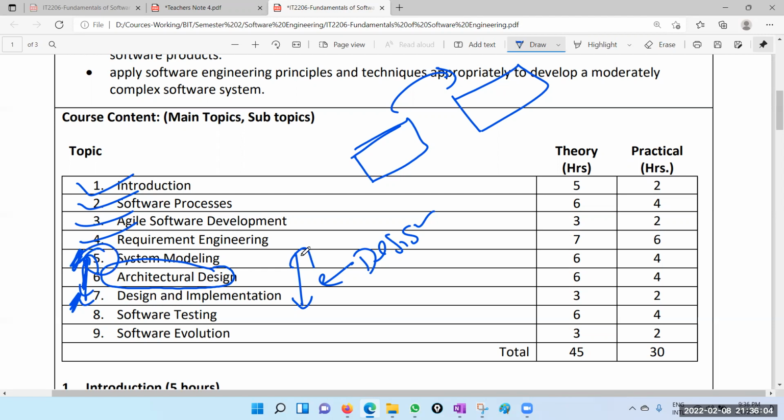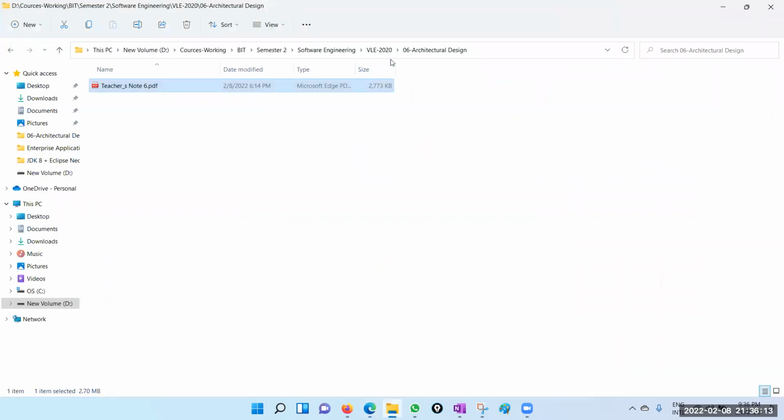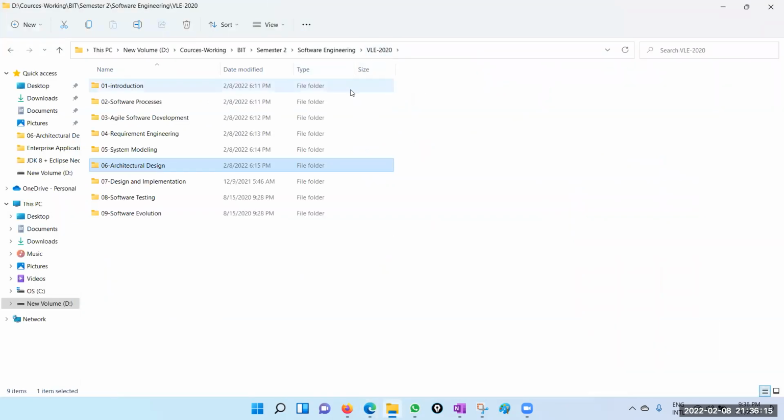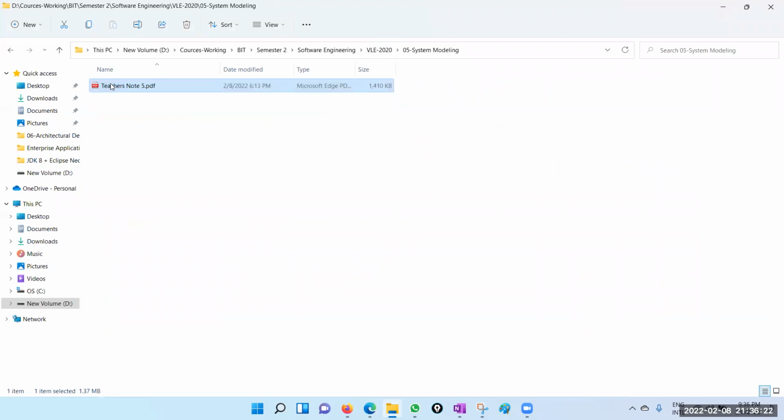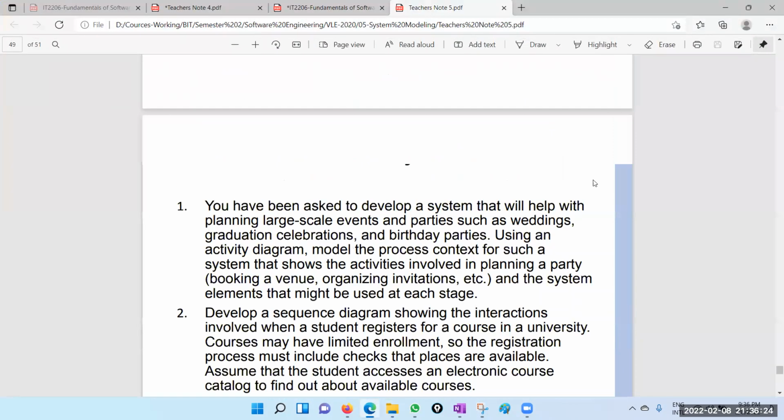I told you these three are very highly related. So now I am moving to system modeling. I took the architecture first because architecture is something that we do upfront. Now here we are going to discuss some general concepts.